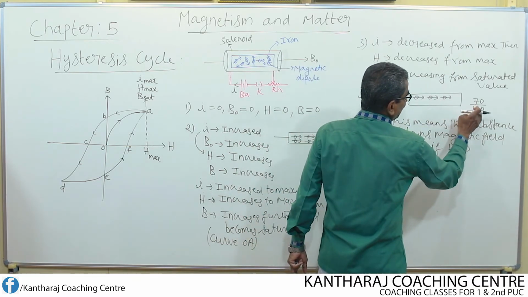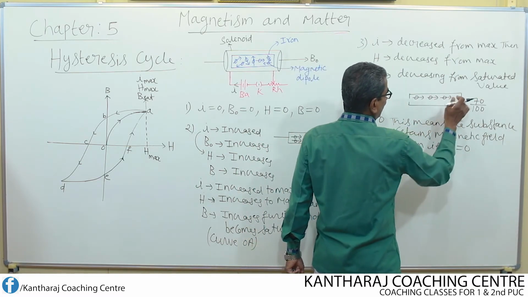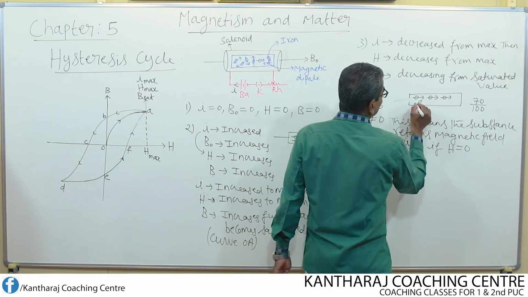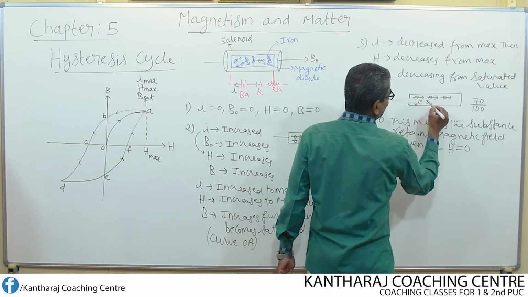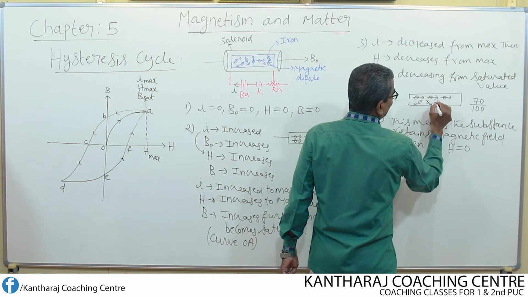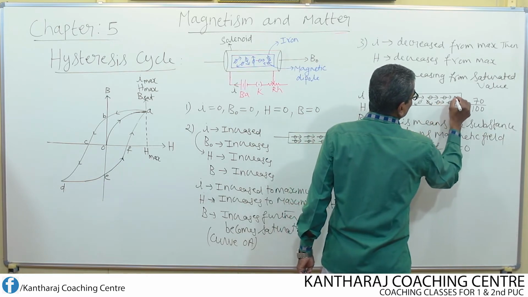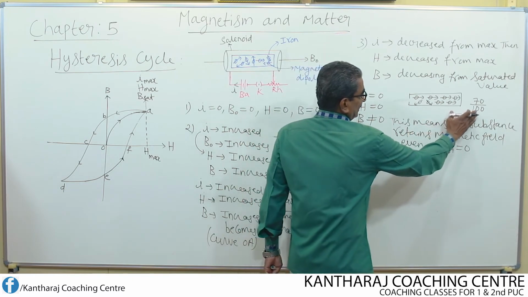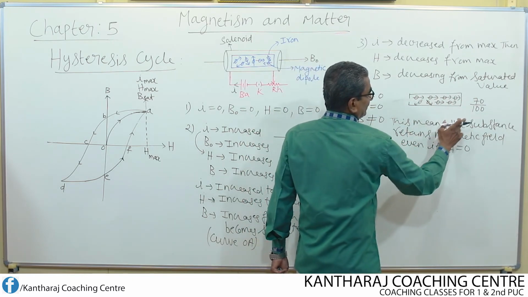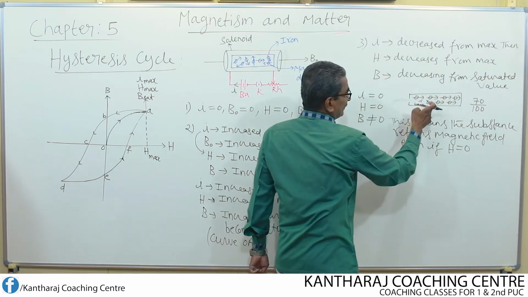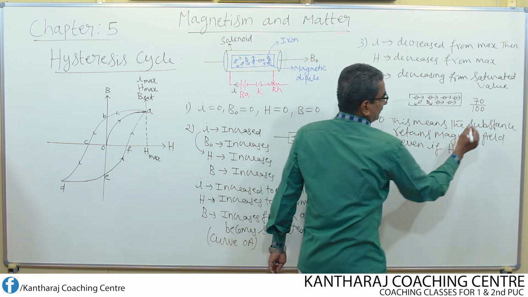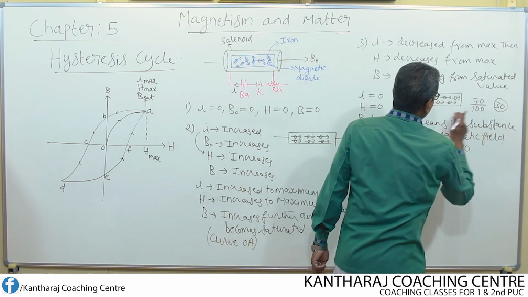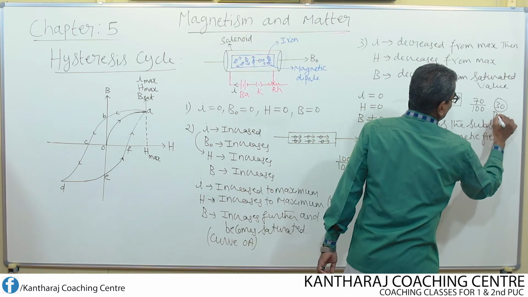All along that direction, 70 dipoles align, and the remaining 30%, that means 30 dipoles, may align in random direction. So that is the meaning of this. Out of 100 dipoles, 70 got aligned once again in the direction of H, whereas the remaining 30 align in random direction.